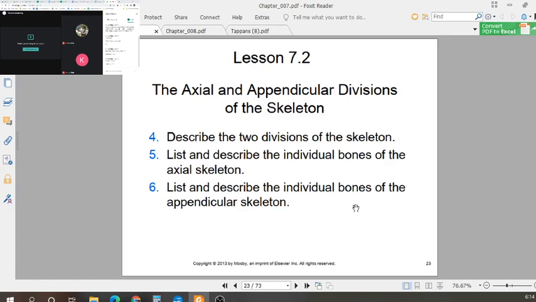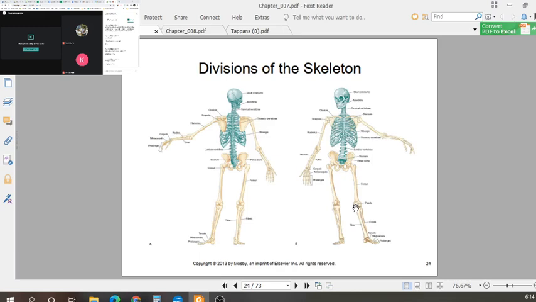Alright, so we have a nice picture here of the division color-coded for us. Do notice at the hip, the attachments, the separation points. So our pelvic bones are part of the appendicular.